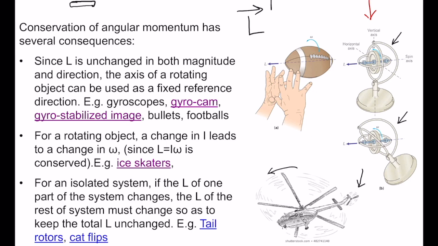Sometimes the tail rotor of a helicopter might get damaged, or in a war situation, it might get shot. That's quite fatal for a helicopter, because if its tail rotor stops working, then the body of the helicopter does start rotating in the opposite direction.